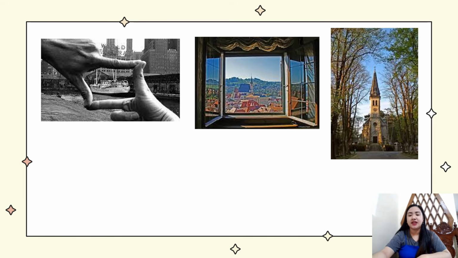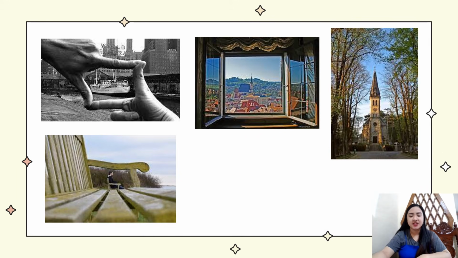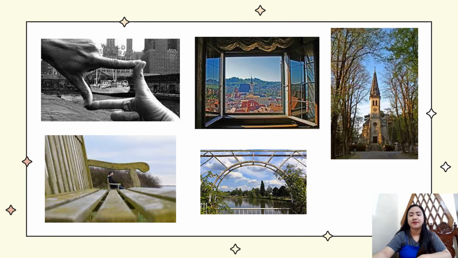In this one, it is a church which has the trees around it as the frame. The next one, the subject here is the man sitting on the chair, and the other chair was used as the frame to capture the man. And the last one is this one. So we can also use bridges as frames.